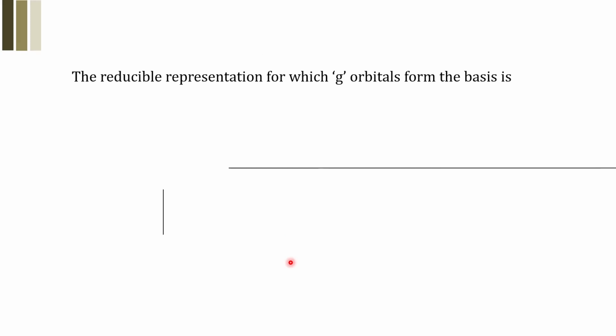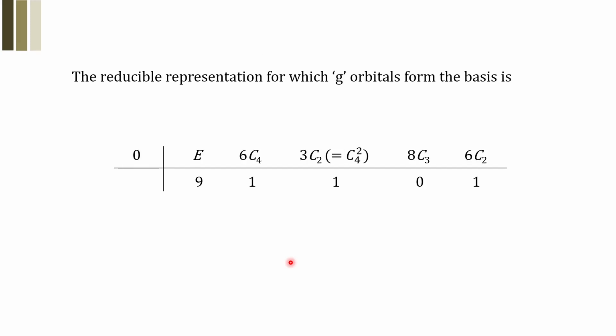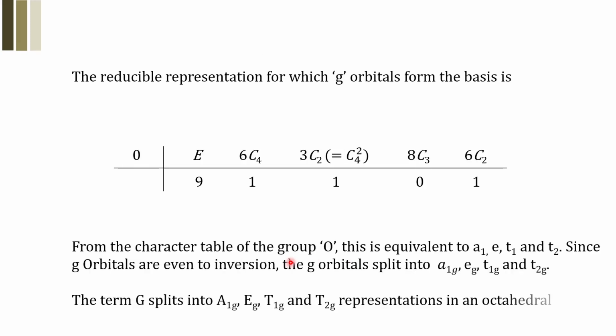Once you use the standard reduction formula and decompose the values, we have seen that they belong to A1, E, T1 and T2 species. And because the G orbital is symmetric with respect to inversion, our corresponding terms are A1g, Eg, T1g and T2g respectively. So that's the idea.